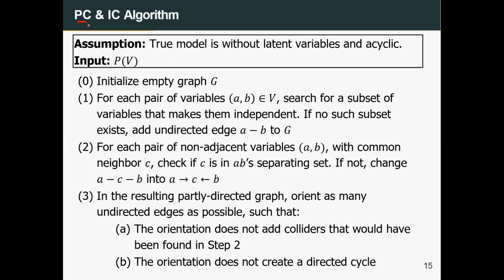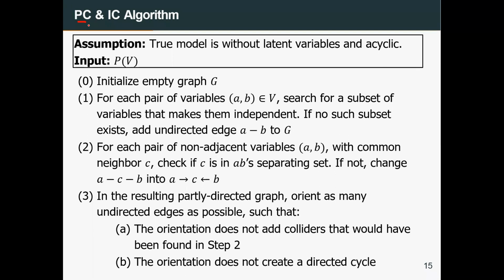The algorithm that they present is called the IC algorithm, inductive causation. I don't know what PC is, probably it's the same one, but it's always good, when you are presenting, to credit the people and some of the history if it's available to you. So I was just curious.